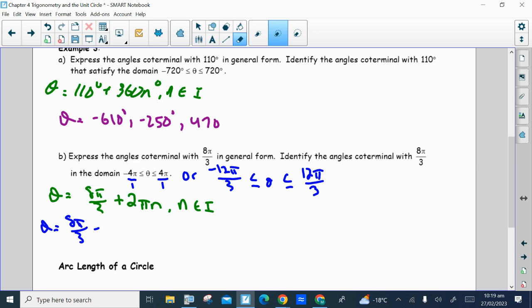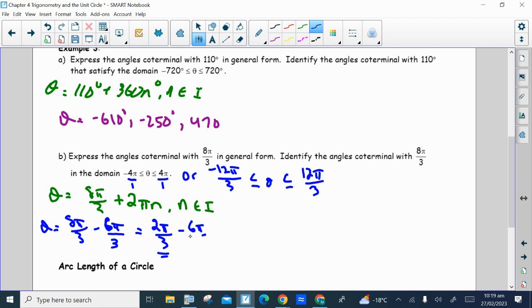We need a common denominator so that we can subtract these. So instead of subtracting 2 pi, we will subtract 6 pi on 3. So that gives us 2 pi on 3. That's one angle coterminal. And then we'll subtract another 6 pi over 3, which gives us negative 4 pi on 3.